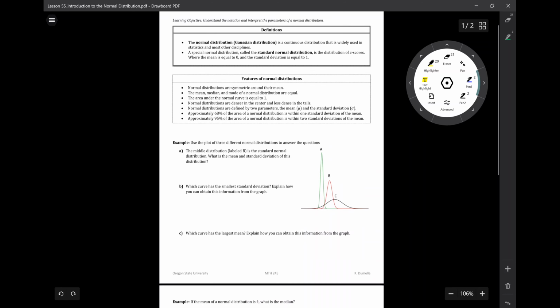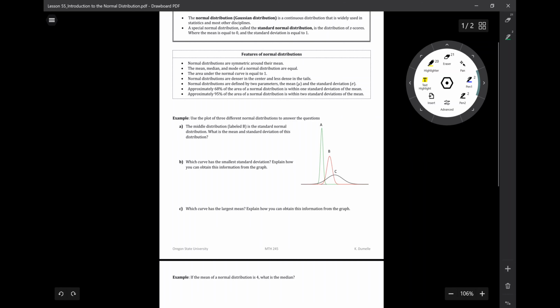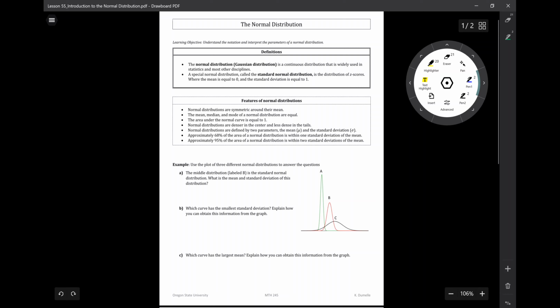So let's use this following chart in order to answer some questions. It says the middle distribution labeled B is the standard normal distribution. What is the mean and the standard deviation of this distribution? So I see up here the standard normal distribution has a mean of 0 and the standard deviation equal to 1.